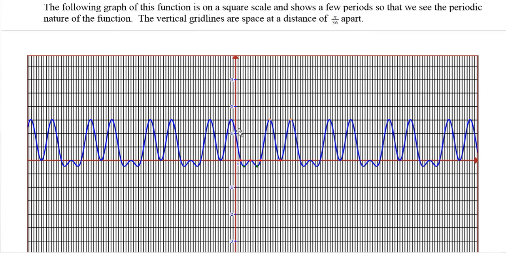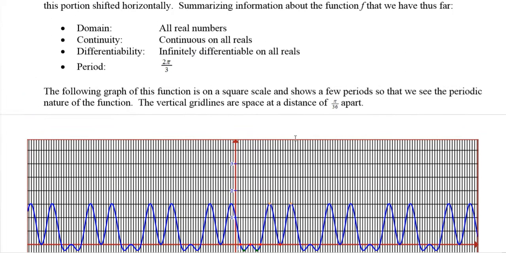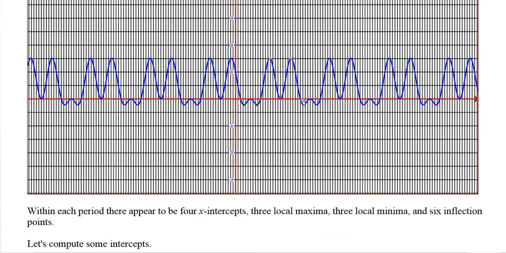Here we see from 0, it goes up and down here, and up and down a little bit more here, and we're back at the level we started at. That's going to be at 2 pi over 3, which is the period. And so this piece from 0 to 2 pi over 3 is just replicated again as we shift to the right or to the left.